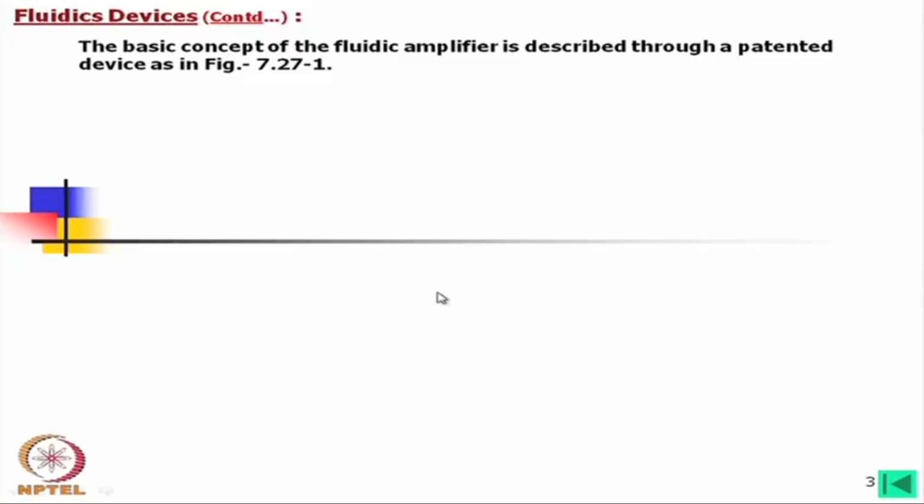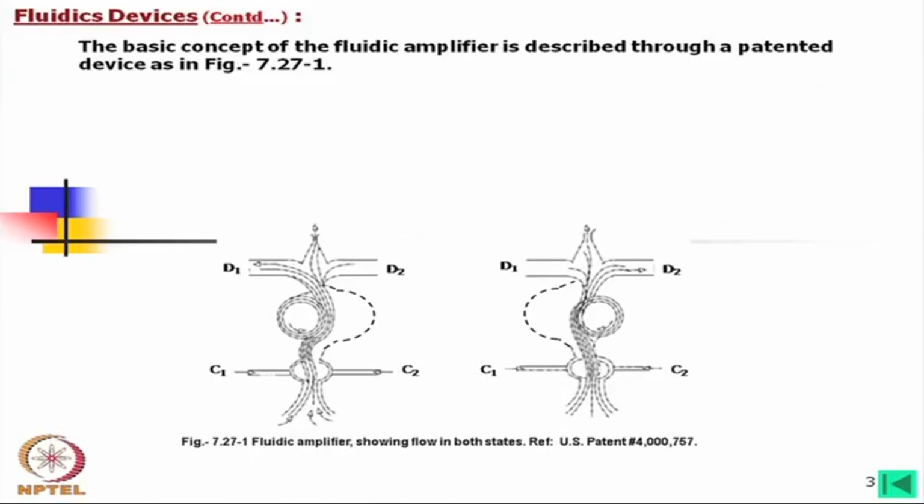Now, the basic concept of a fluid amplifier is described through a patented device as shown in this figure. If you look at this figure, from the bottom something is flowing through this body.